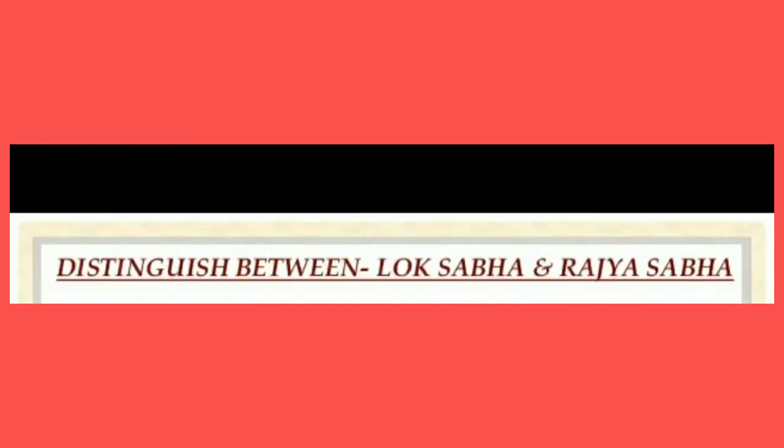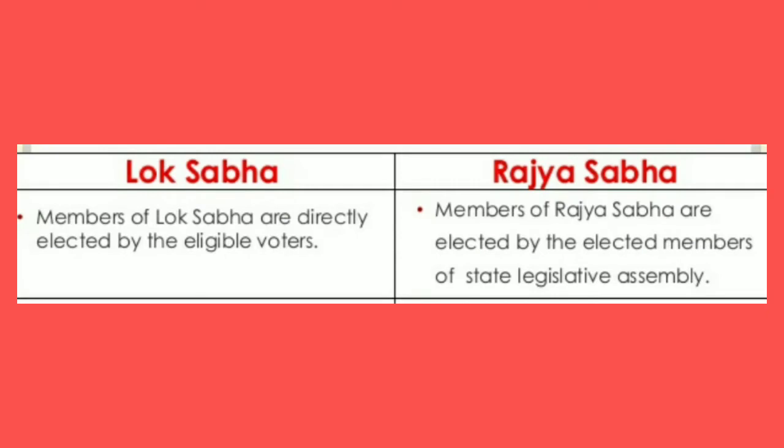The next topic is to distinguish between Lok Sabha and Rajya Sabha. Members of Lok Sabha are directly elected by the eligible voters, whereas members of Rajya Sabha are elected by the elected members of the State Legislative Assemblies.